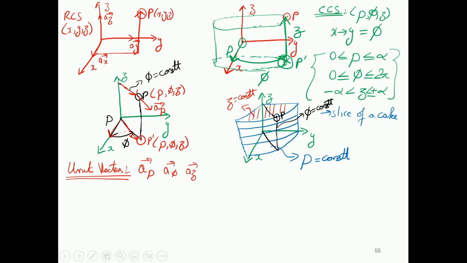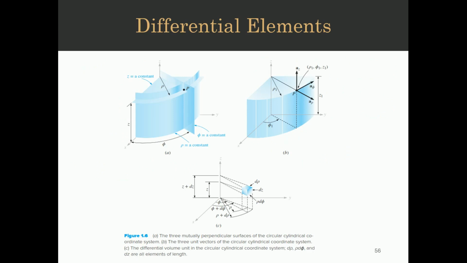What about az? So az is in the vertical, up. So this is az, and a phi, as we mentioned, is moving from x to y. So if we move from x to y, this becomes like this. So this is a of phi. In order to have a better understanding of this, let us have a look at this. So the first part A basically shows you the faces or the planes where the values remain constant. So I mentioned this first face of the cylinder is where you have a value of phi equal to a constant value.